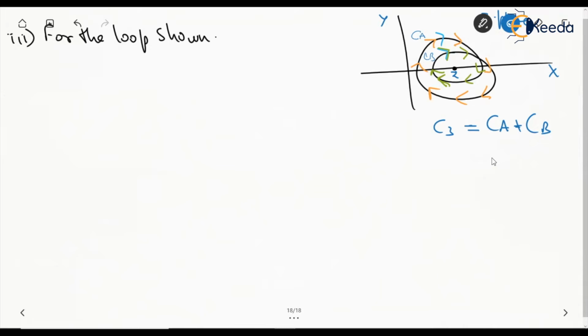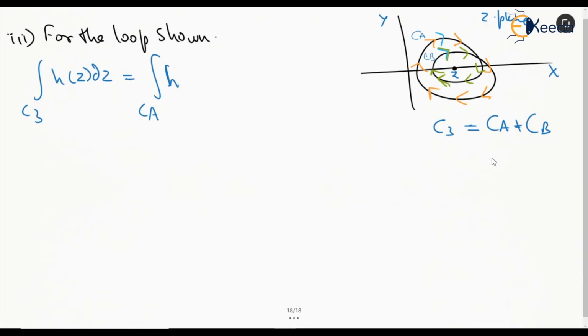So the integration of this function, let's not write f of z here for now at least, let's write h of z dz for C3, can be given as the sum of h of z dz for CA and for CB.